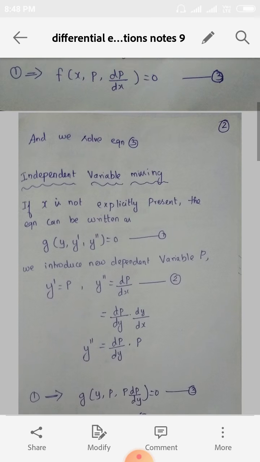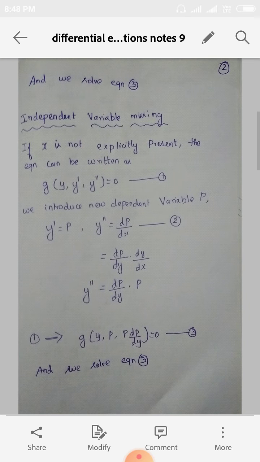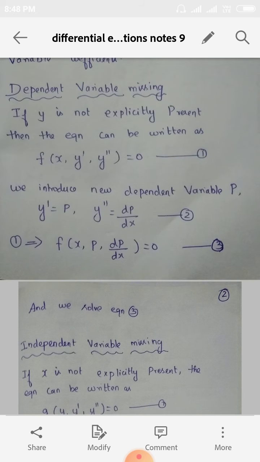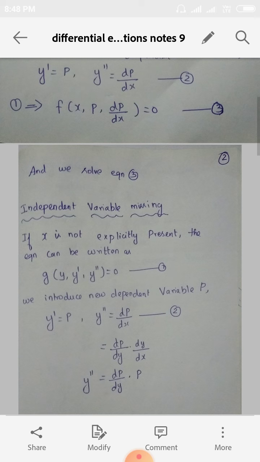The next method is independent variable missing, that is, the independent variable x. If x is not explicitly present, for the second type we take the function as g.